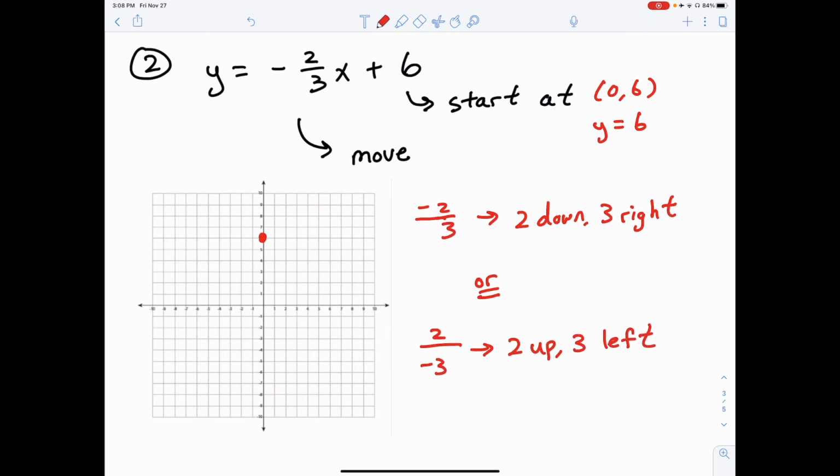So for this one, we'll notice that our slope will go downwards, right? So let's take a look. 2 down, 3 right, 2 down, 3 right. And we can just keep repeating the process until there's no more. Or we can also go 2 up, 3 left, 2 up, 3 left, like so. Once we have all of our points, we're just going to draw a straight line through to connect everything as best as we can.